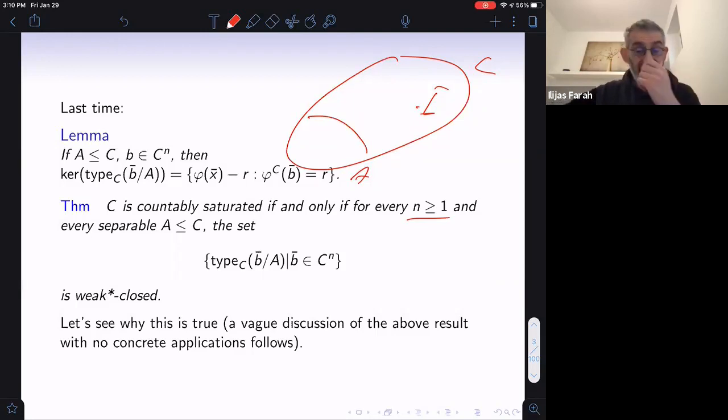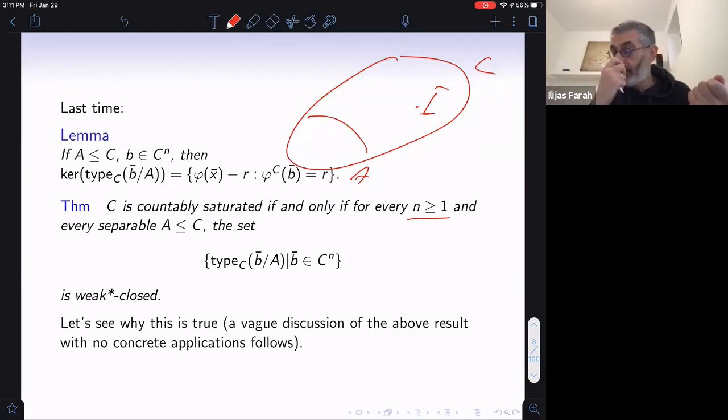Because approximately satisfiable means for every finite subset of the type, for every epsilon, there is an element such that if you evaluate those conditions in that finite subset, you get up to epsilon the right values, which is exactly the description of weak star open neighborhoods of this type that we have here.